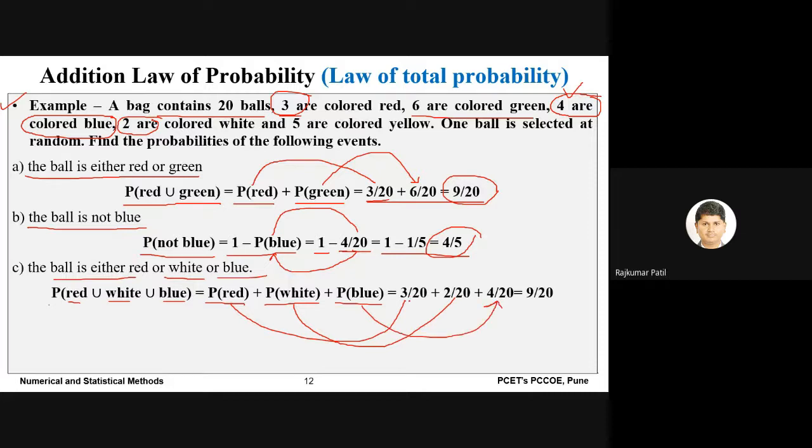So 3 by 20 plus 2 by 20 plus 4 by 20, the answer is 9 by 20. So we can say that if we draw a ball randomly, then there is a 9 by 20 chance that it will be either red or white or blue.